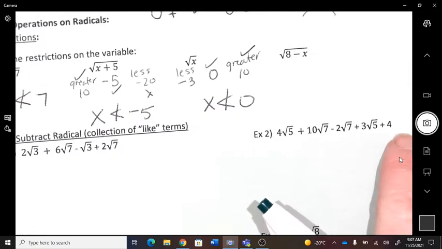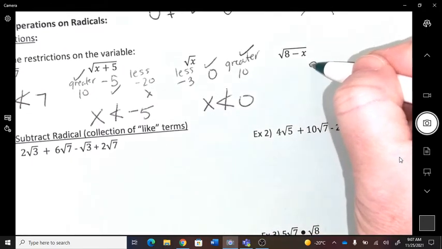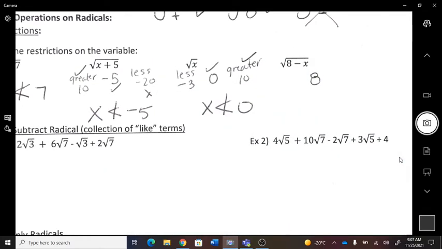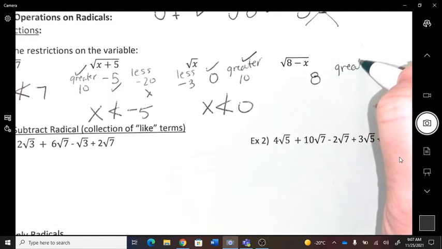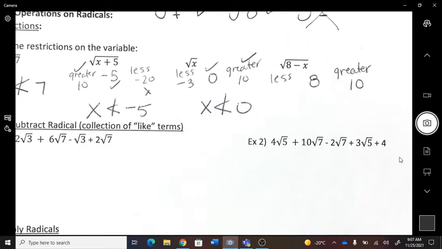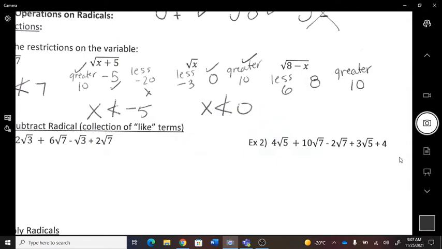Okay, what makes this 0 if x was 8, right? Because 8 subtract 8 creates a 0. If you're greater than 8, like 10, if you're less than 8, that's like a 6 or something. Anything greater than, anything less than. Which side works, which side doesn't work?